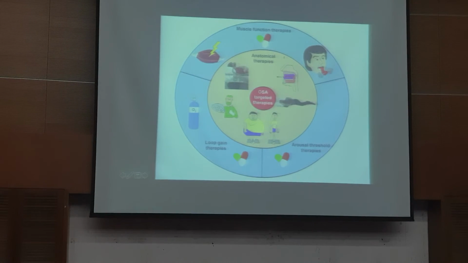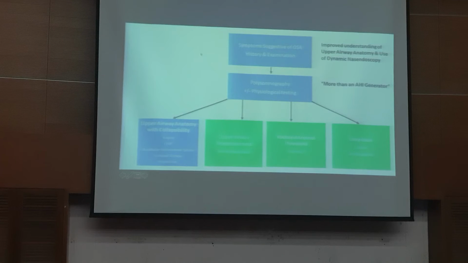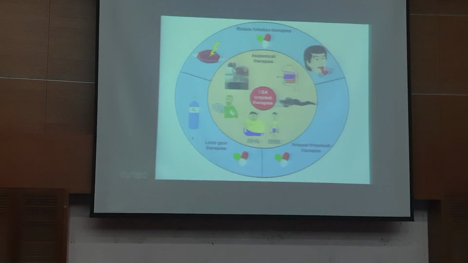For example, the patient has upper airway responsiveness problem. The dilator is not working, it's not effective. So you give some stimulation. There may be some drug therapy that can increase the activity of dilators.